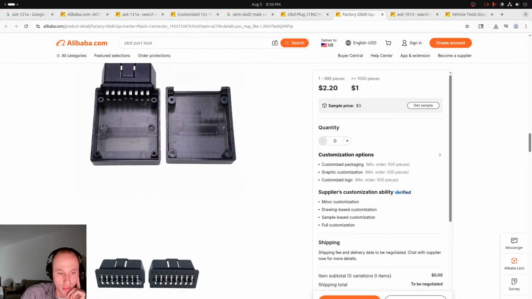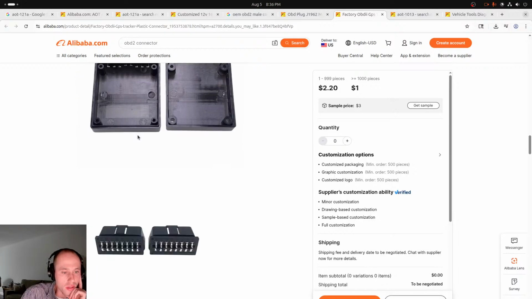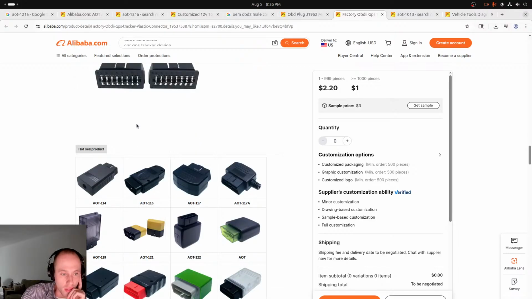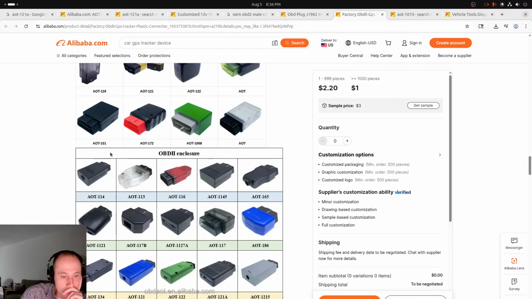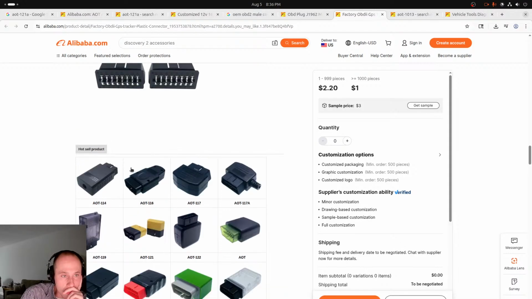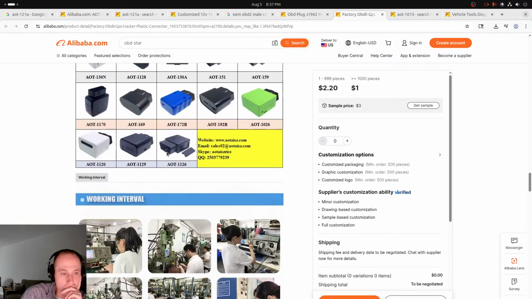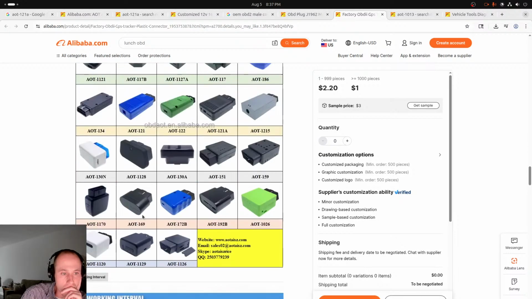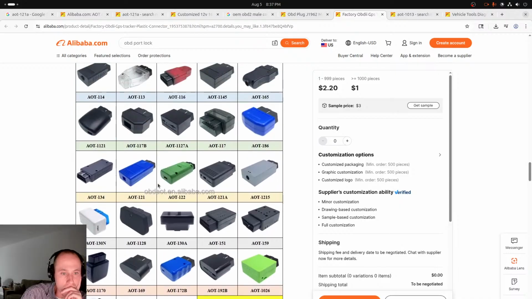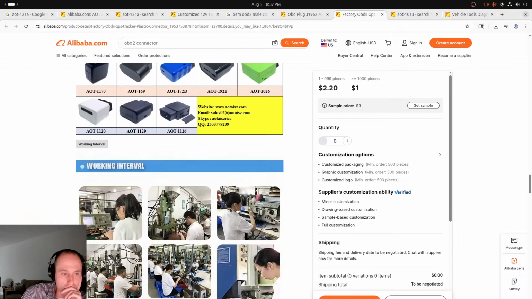Oh, are these like adapters that go onto these? Is that what's happening here? I have no idea. Yeah, AOT121A, right here.